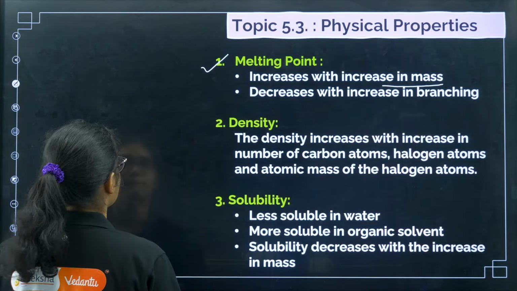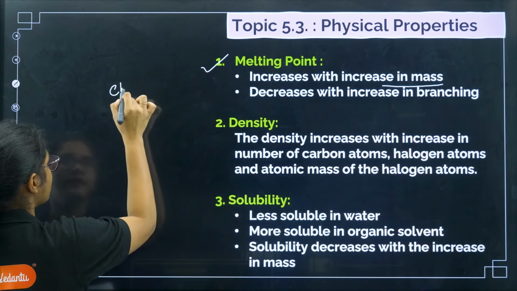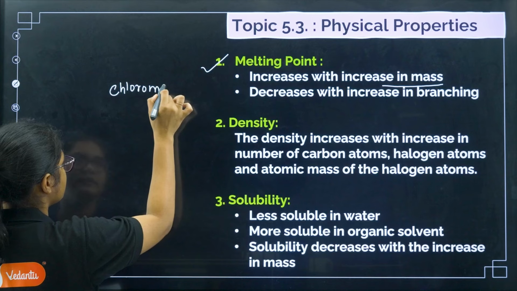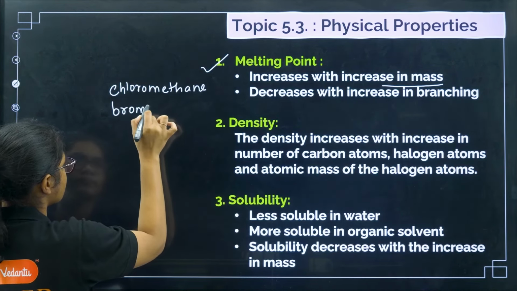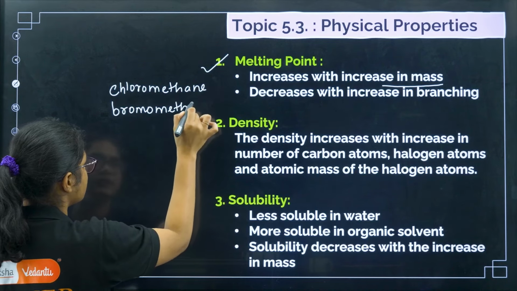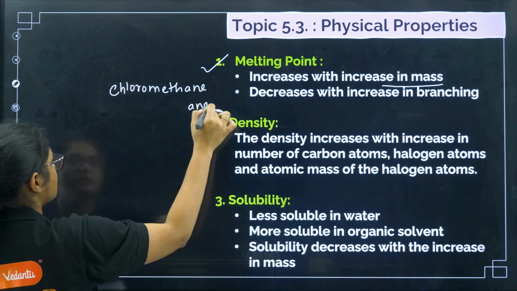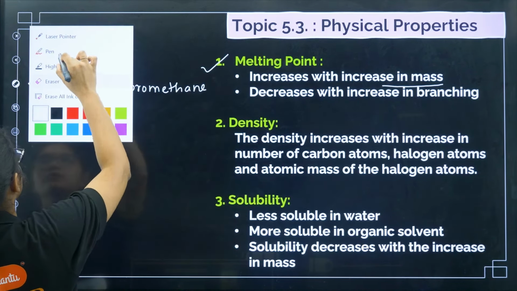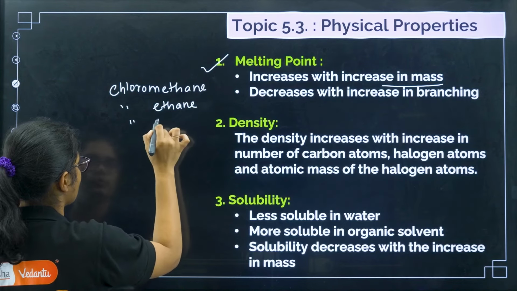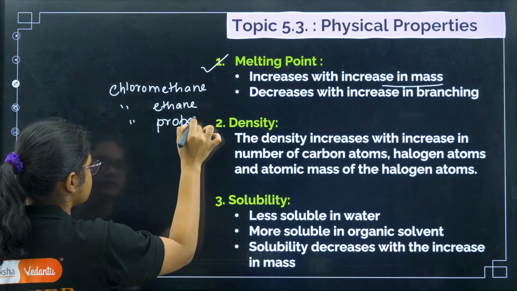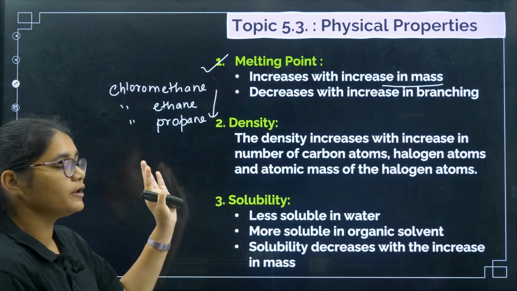For example, if you compare chloromethane, bromomethane, then chloroethane, and then chloropropane, you see as we go down, the mass is increasing. If mass increases, boiling point will increase.